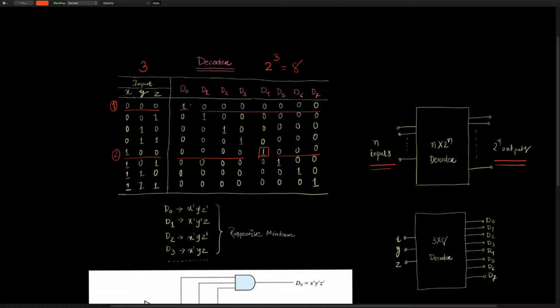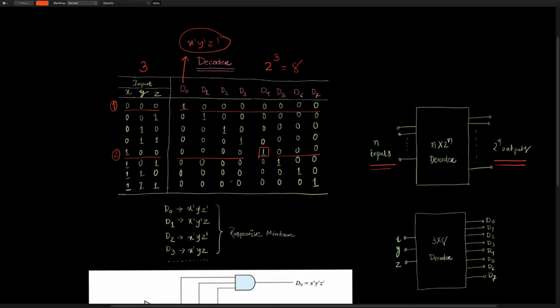And that's why we also name the output accordingly: D of 0, D of 1, D of 2, D of 3. Whenever its respective min term is activated, like for D0, its respective min term would be X dash, Y dash, and Z dash. If that is there as the input, D0 goes high, whereas the rest of the bits go 0.